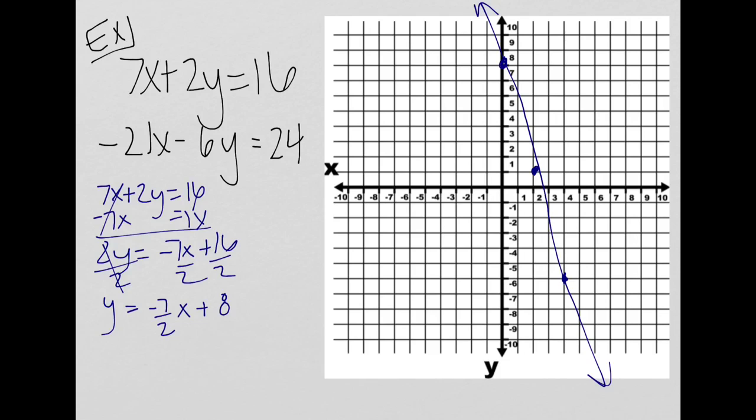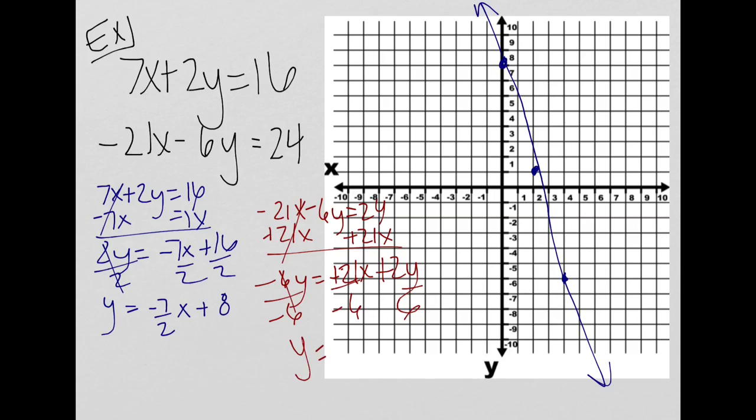Alright, and then the other one, -21x minus 6y equals 24. I need to add 21x. So -6y equals positive 21x plus 24. Divide by -6. So y equals, ooh, this is getting fishy, I can't see.